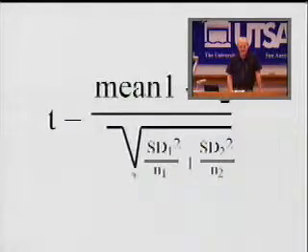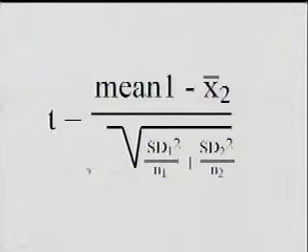So this is an example, and all of us should recognize this formula. Somewhere in our mathematical education, we calculated a t-statistic where mean 1, I just have this here to remind us that that is what the x bar sub number is referring to. So this would be x bar sub 1 minus x bar sub 2 over the square root of the sum of the standard deviation squared.